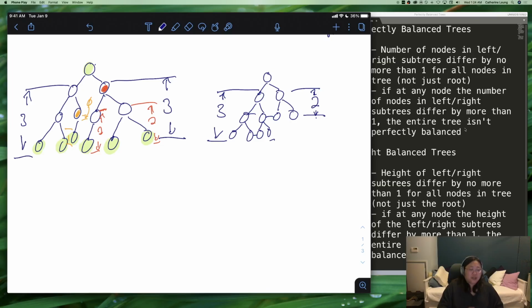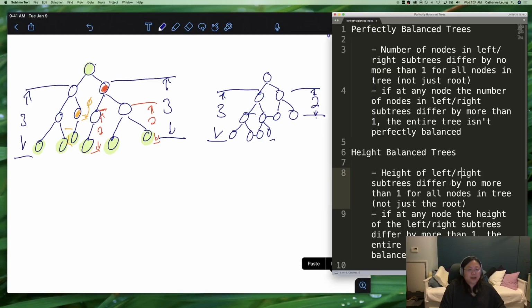But you can actually show that it won't be more than about 44% taller, because it's root 2. So don't worry about it being taller. Of course, it's going to be taller. You allow it to be a little bit more off, right? But it won't be so far apart that it's unusable.